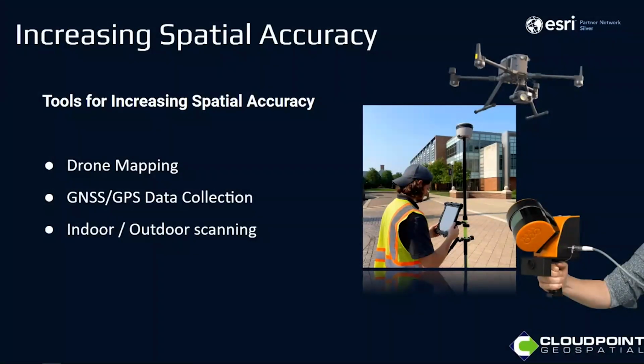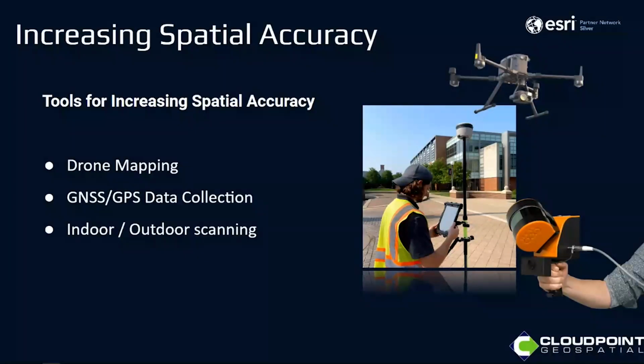A few of those examples here we talk about is drone mapping, where we can definitely take advantage of high accuracy drone imagery and GPS units with GPS collection. In this example, we've got a Trimble unit in the photo there that ties directly into a mobile device running Field Maps, which are great tools to improve your accuracy that way. Another one is scanning equipment.